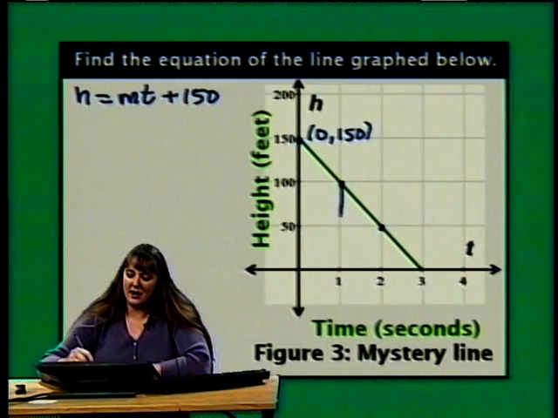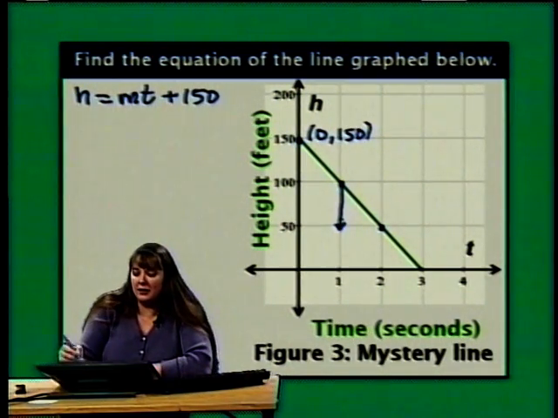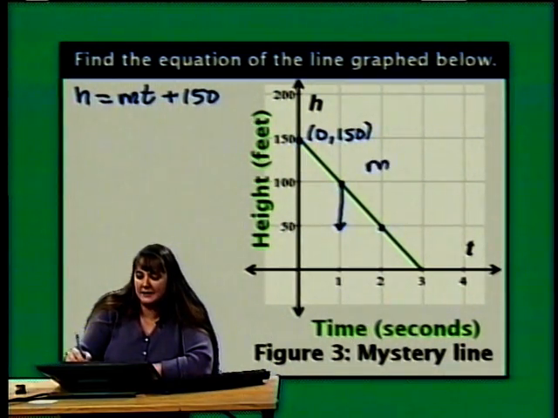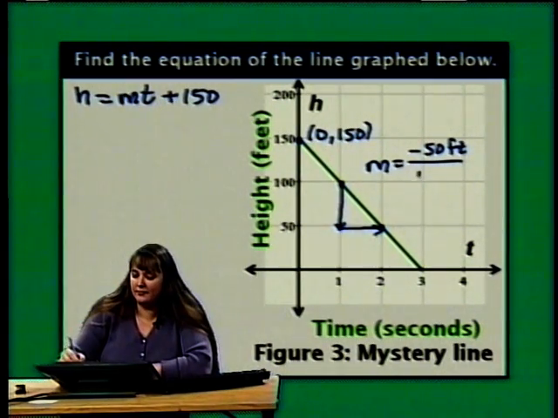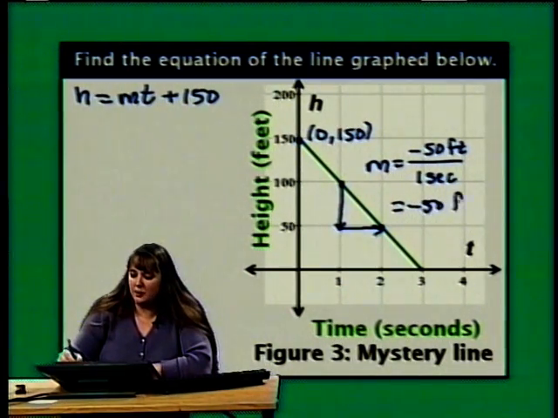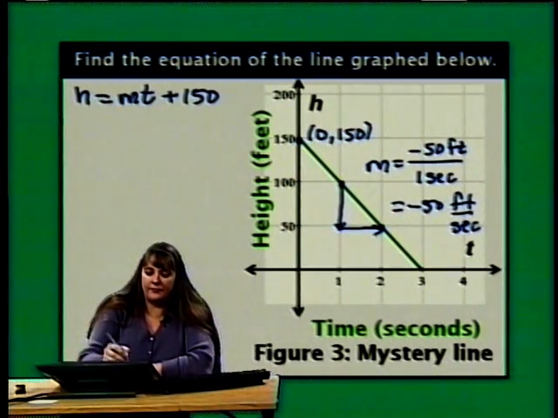It looks like I have a rise of negative 50, and that's measured in feet, and a run of 1 second. Negative 50 divided by 1 is just negative 50, so my slope is negative 50 feet per second.